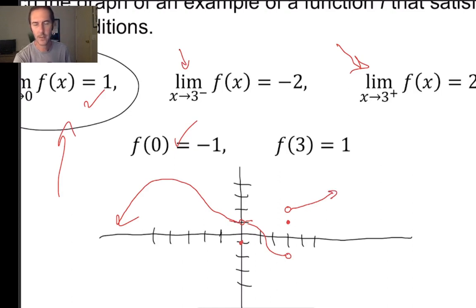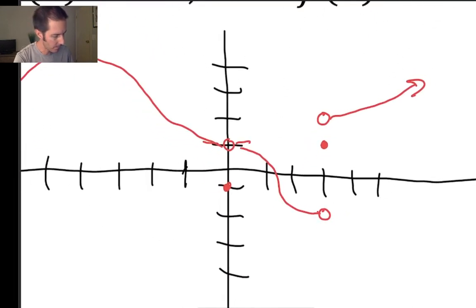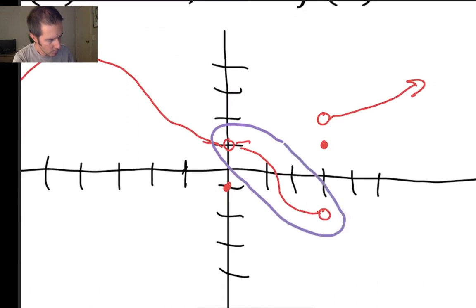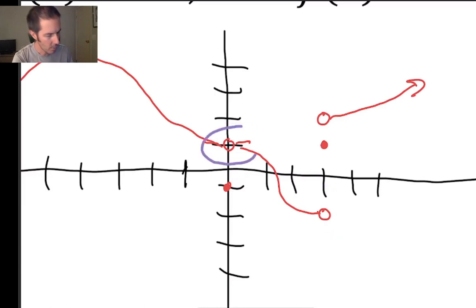The curve things that I drew in there were pretty arbitrary, except for this part. These two holes definitely needed to be connected, because we were told that as our x values approach 0, our y values need to be approaching 1.